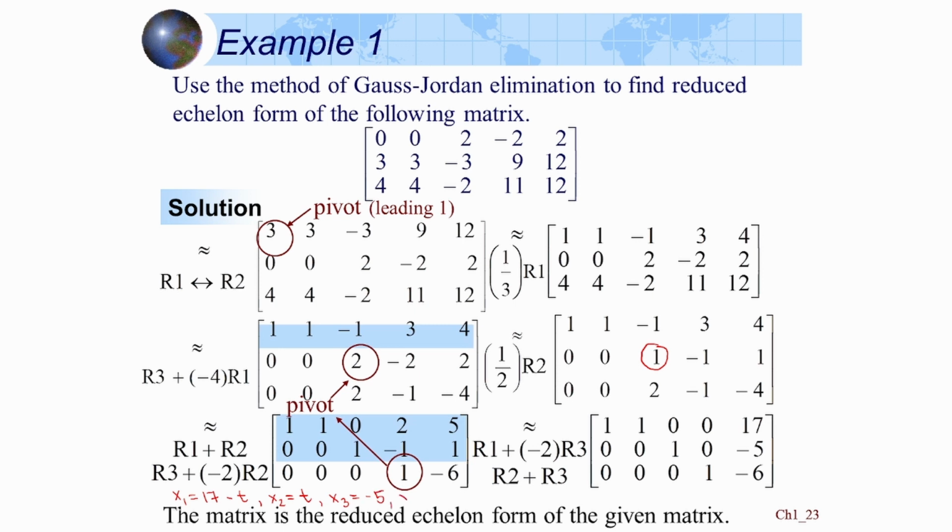And x4 is minus 6. This is the solution. So what do we have for this system? We see infinitely many solutions. This system has infinitely many solutions because parameter t may take any real value, and that's all.